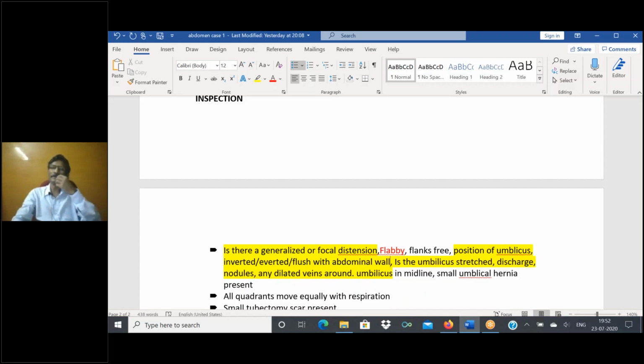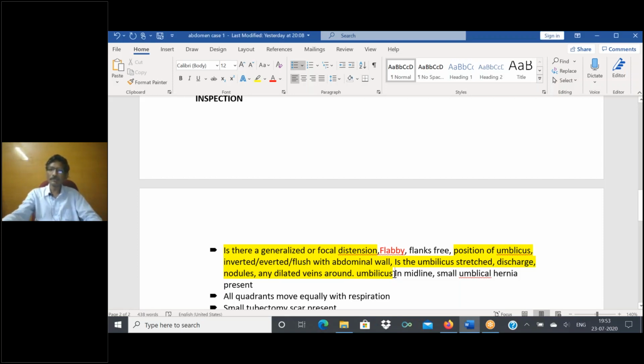Flush with abdominal wall means it is neither inverted nor everted. It's just at the level of abdominal wall. That's the meaning of flush. Anand, is it clear? Okay. So umbilicus is fully elaborated. So now you will tell no dilated veins around the umbilicus.